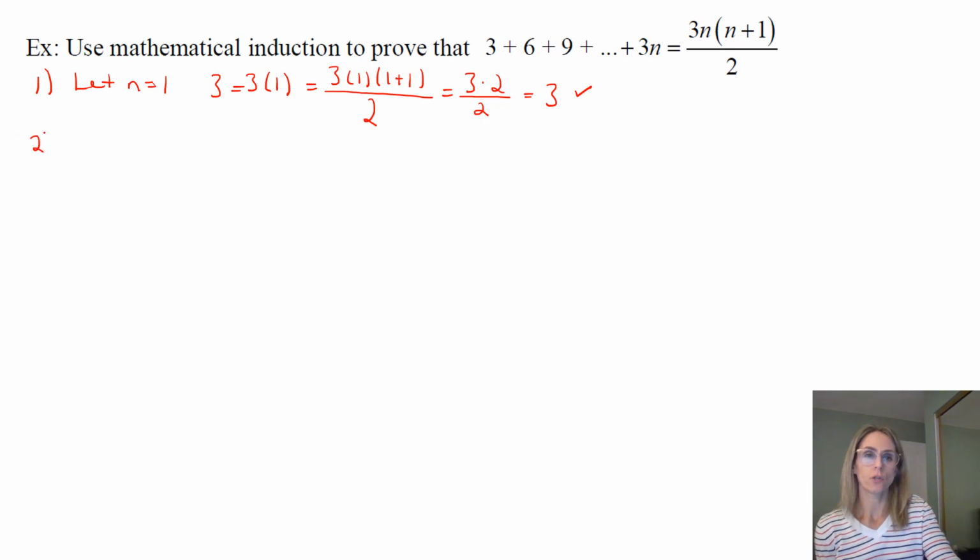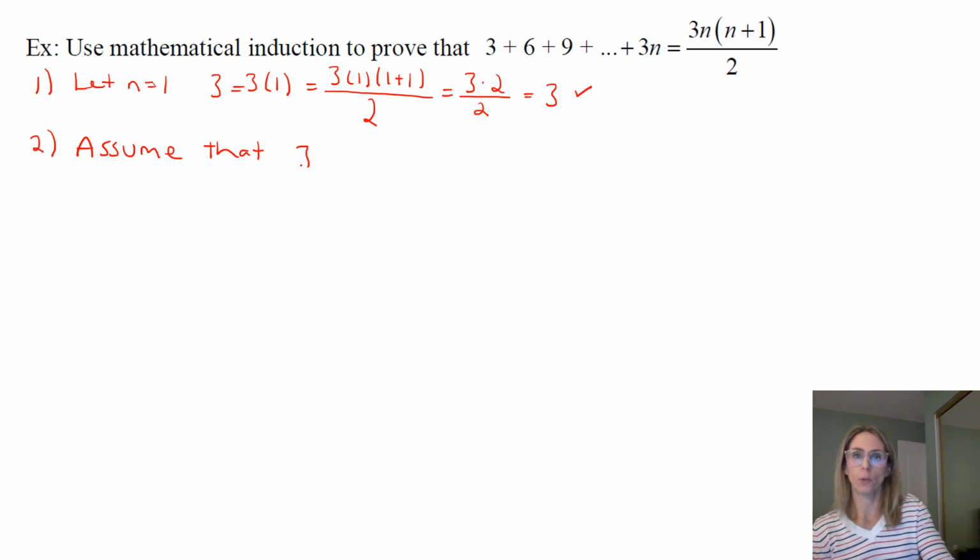Then we need to show that it's true for k plus 1. And to do that, we assume that it's true for k. So we assume that 3 plus 6 plus 9, however many we want to add, plus 3k is equal to 3k times k plus 1 over 2.